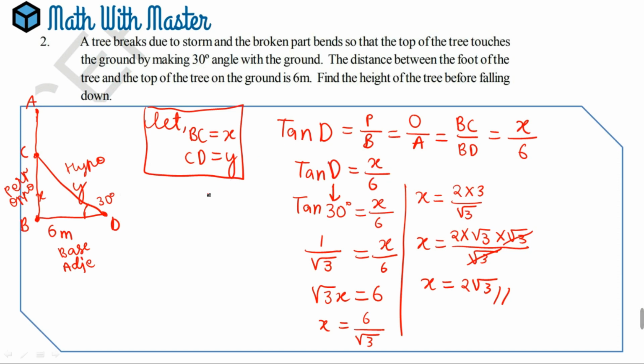So we can add both values to find the height, because it has broken and come here. CD is equal to AC over here. Okay, so now if we add x and y, then we will get the value of what was the height before falling down.